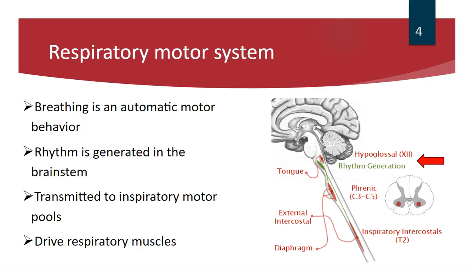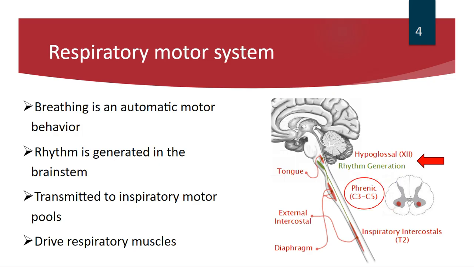So you have this really nice rhythmic motor output that is occurring all the time. That respiratory rhythm is generated by collections of rhythmically active cells in the brainstem, specifically in the medulla and the pons. And those respiratory signals are then transmitted through groups of premotor neurons and eventually to primary motor neurons, both in the brainstem and the spinal cord, that connect to respiratory muscles.